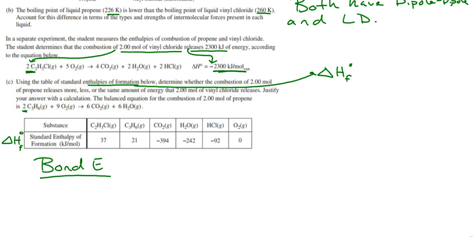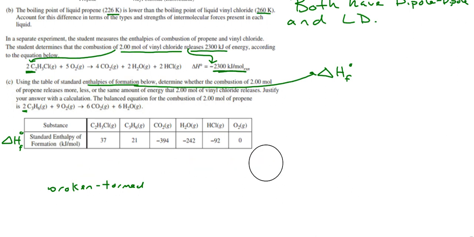That would be broken minus formed. This is the trick that students have to overcome. Are these bond energies? No. It doesn't say the word bond energy. These aren't actual bonds. These are actual compounds, right? A bond would be like CC, HC, C double bond C. Like, that's a bond energy. And that's a big difference. So this is products minus reactants. Okay?